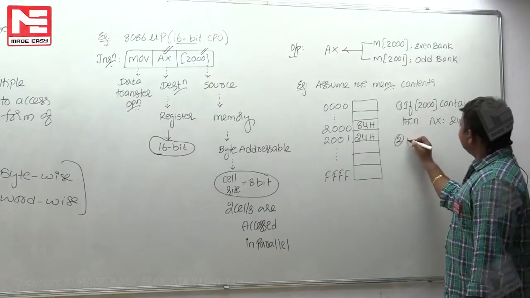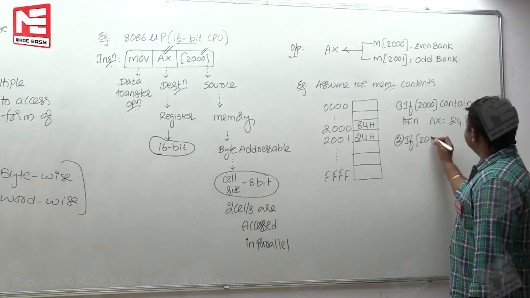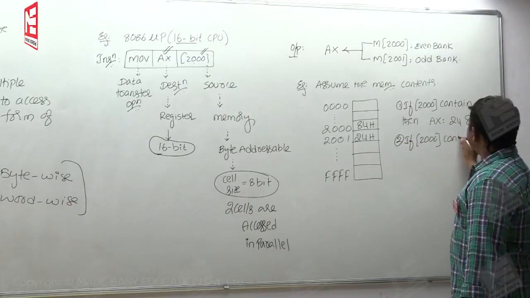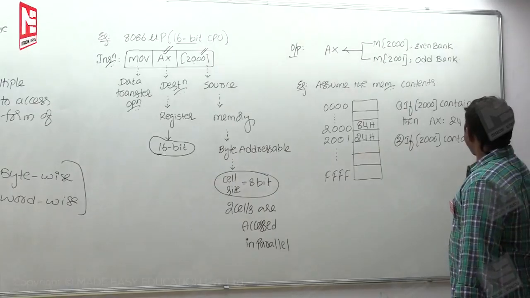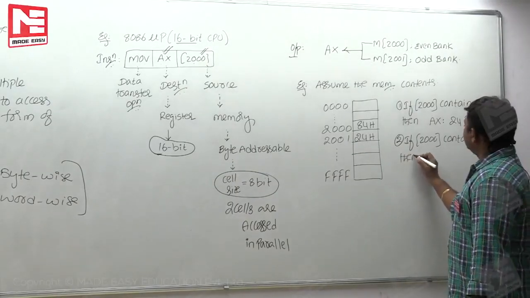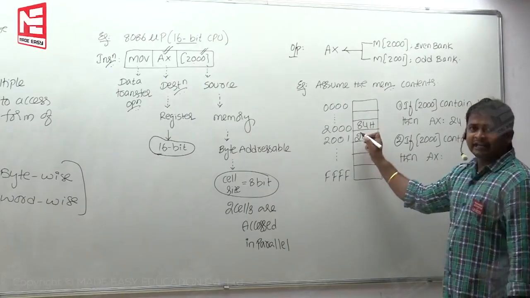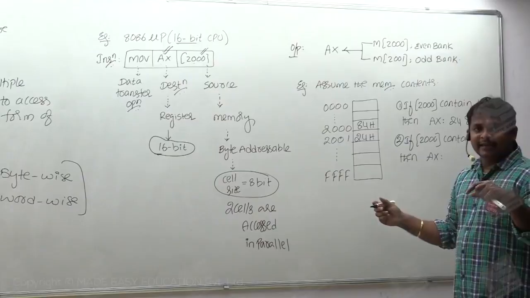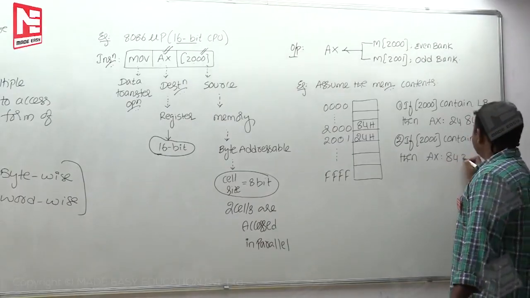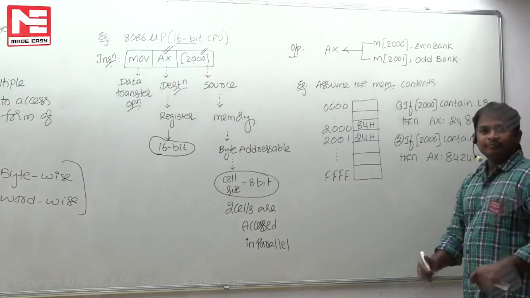Next, if 2000 contains the higher byte, then AX equals this 2000 value, 84. Now that will be placed in the higher byte location, then 24 is the lower byte location.